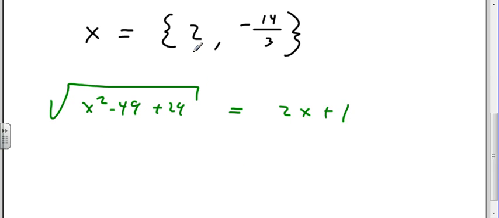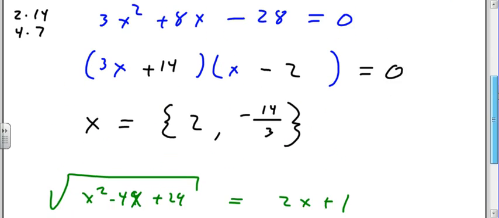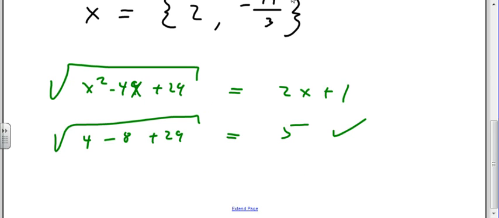So if x were 2, I'd have the square root of 4 minus 8 plus 29 would equal 5. Yeah, that checks. Does that check? Yeah, that checks.